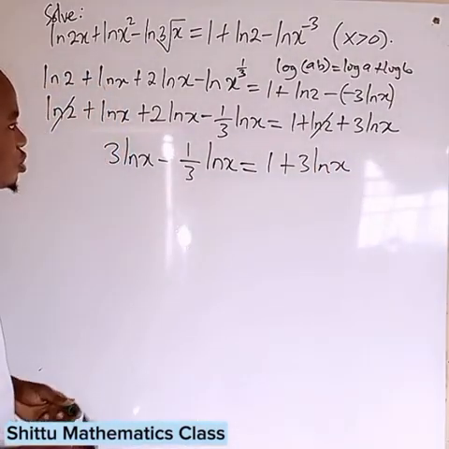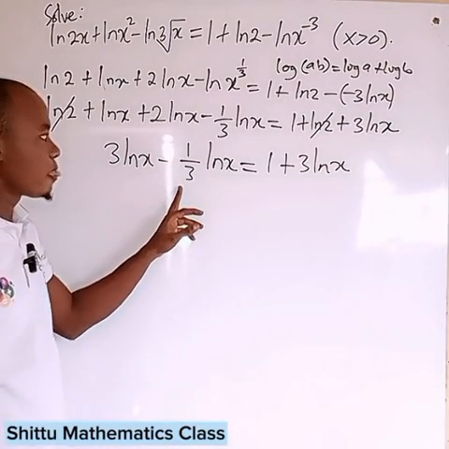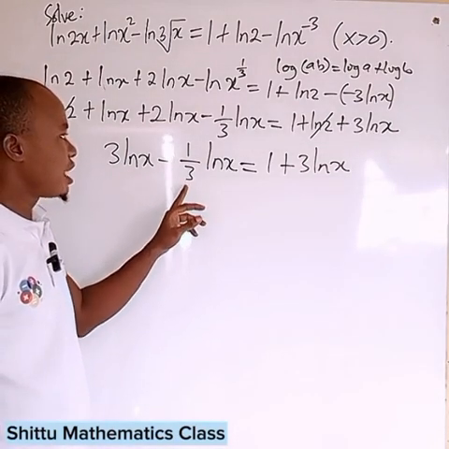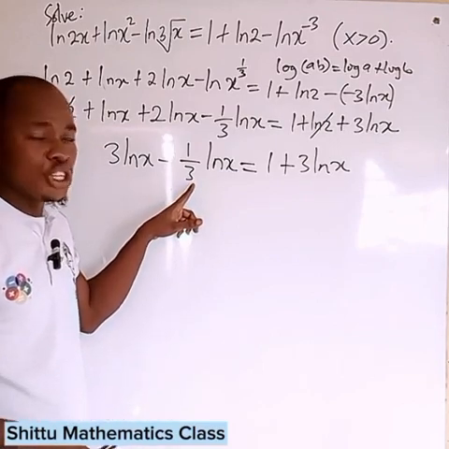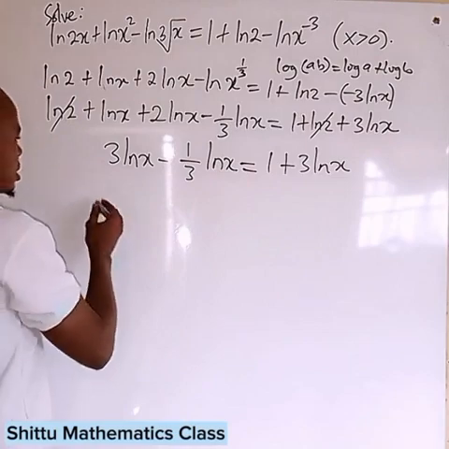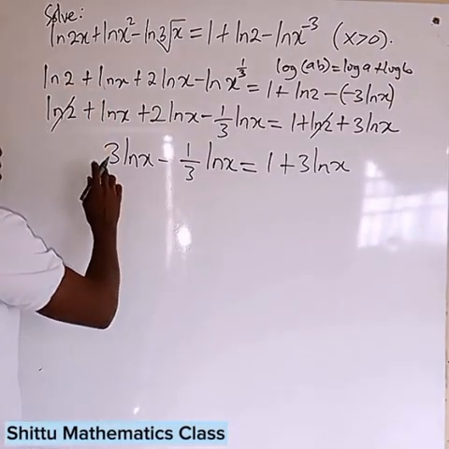Are you following now? So here, the next thing we are going to do is that I have 1 over 3 here. Can I multiply through by 3 so that I can clear out this denominator 3? So by doing that, I'm going to multiply everything by 3.